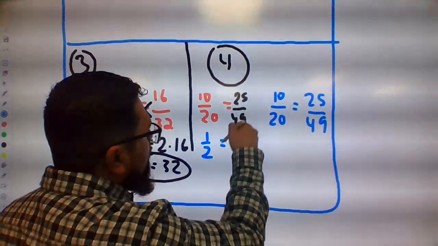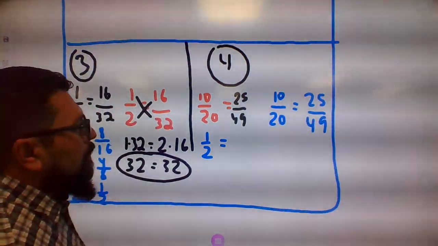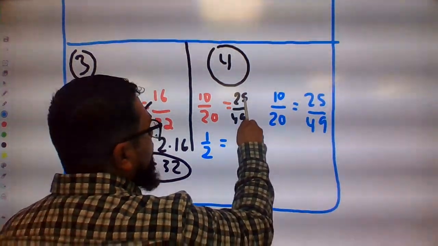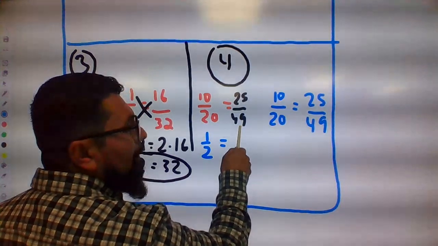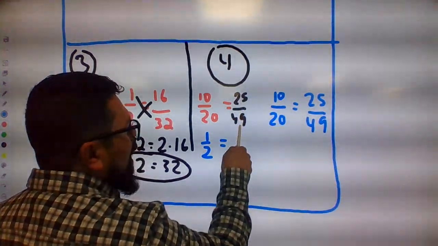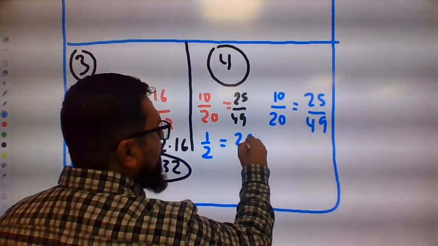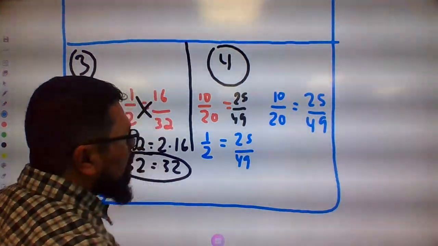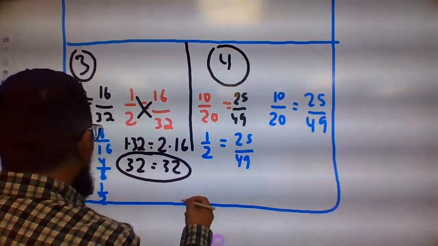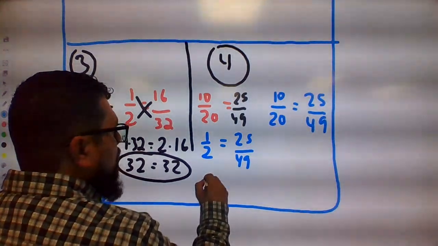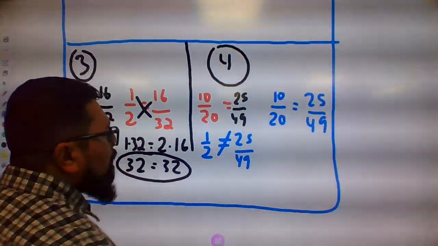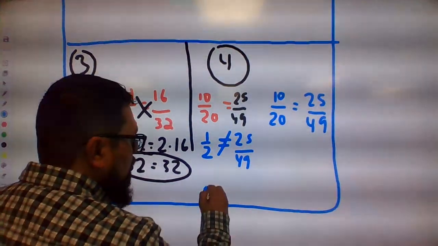No, they don't have anything in common. For this to be true, this would have to be 50, right? So this is smaller than that. 25 over 49 looks like it's already reduced. So they're not equal. Just put that they're not equal.